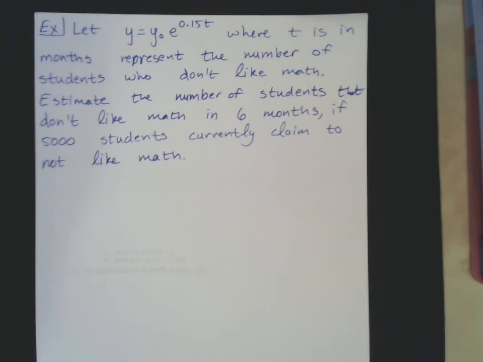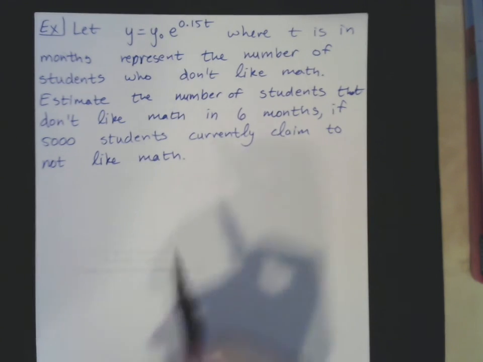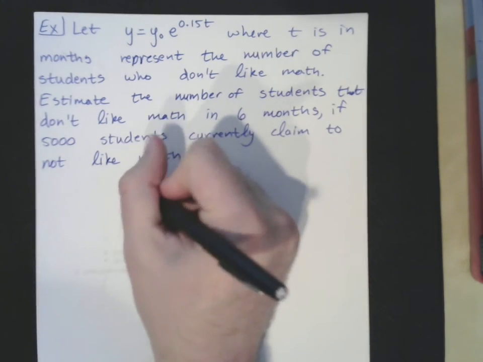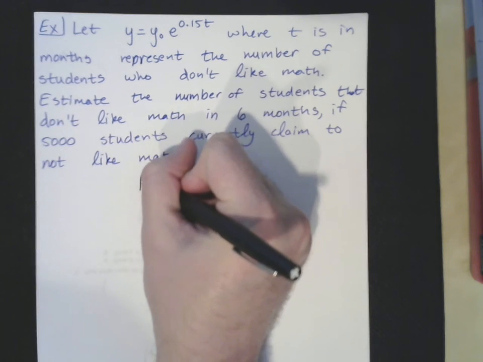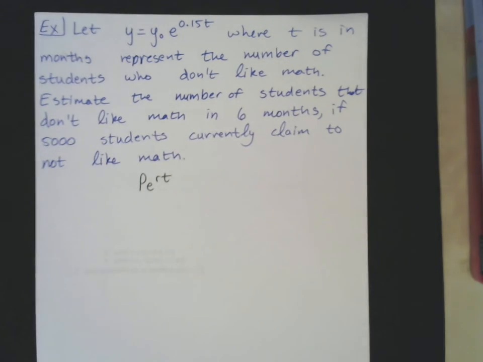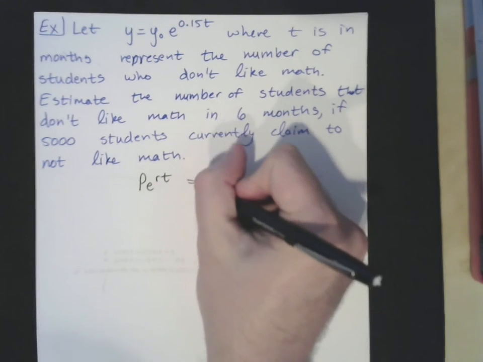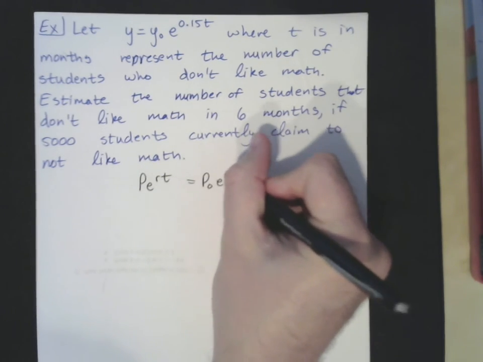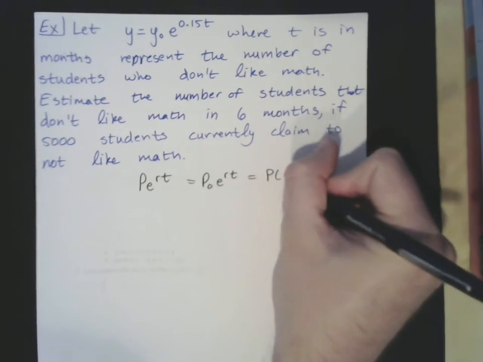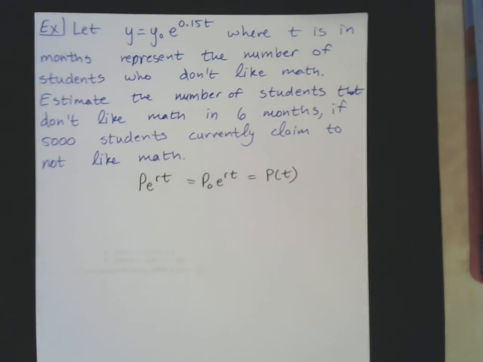So this is what's called the exponential growth function. Some people call it the shampoo formula because it's PERT, P e to the rt. So a lot of times you'll see this as P naught e to the rt, and this is P of t, which stands for population.